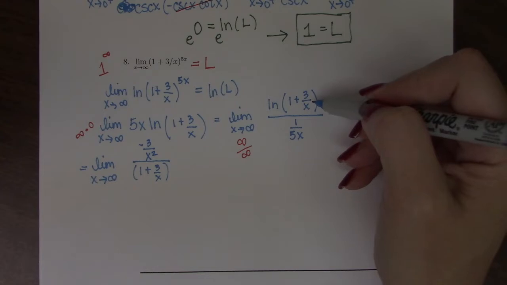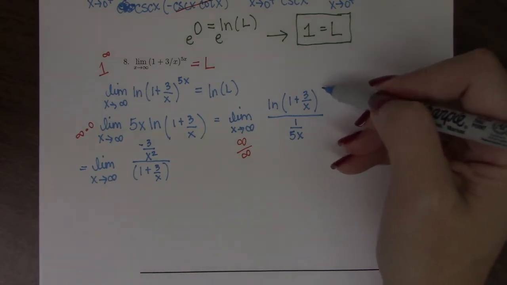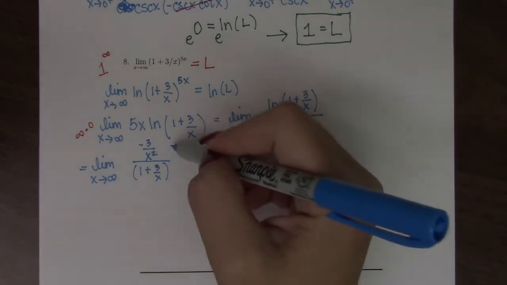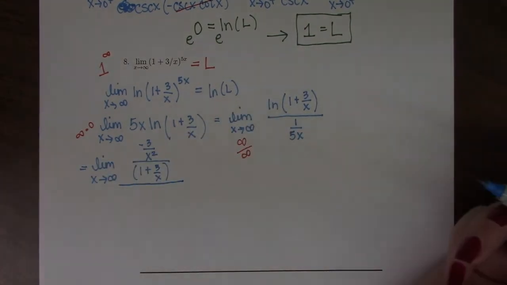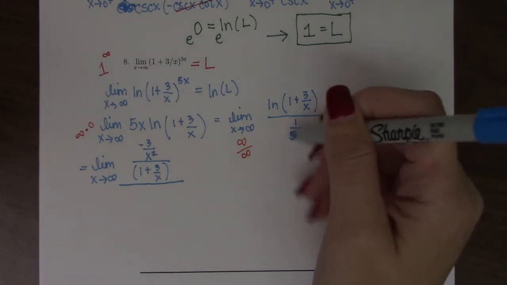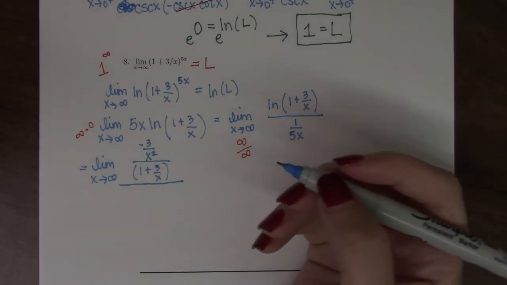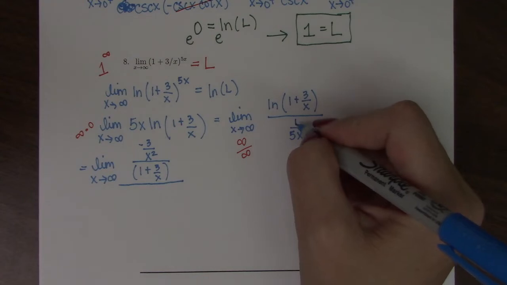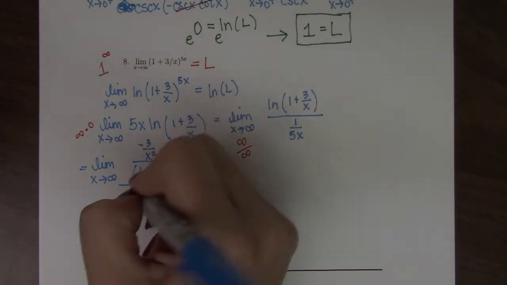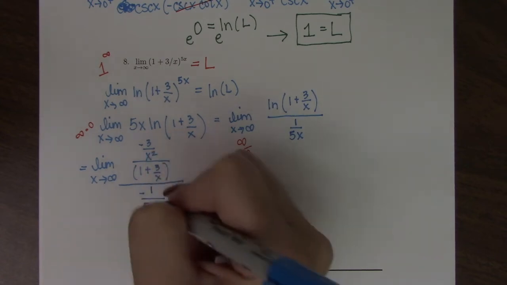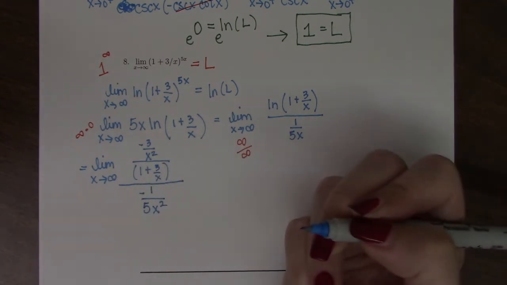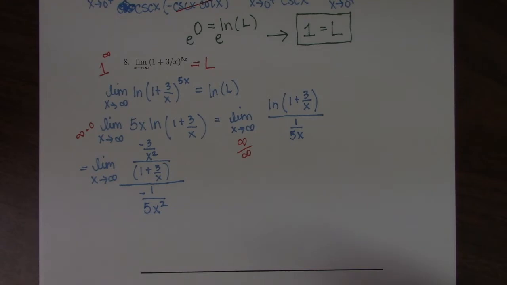That's just a power rule: 3 times x to the negative 1, that's where the negative 3 comes from, minus 2. And I'm just writing it in fraction form so I can hopefully simplify. That's the numerator. The derivative of the denominator, which is the same thing as 1/5 x to the negative 1, is negative 1 over 5x squared, because it's negative 1 times 1/5 x to the minus 2.